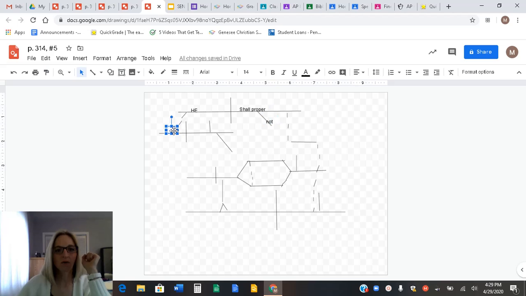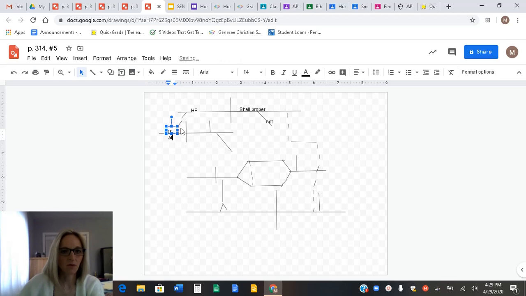Okay, now what's going to go over here? My first dependent clause. He that covereth his sins. Okay, so that is going to be my subject. That covereth what?